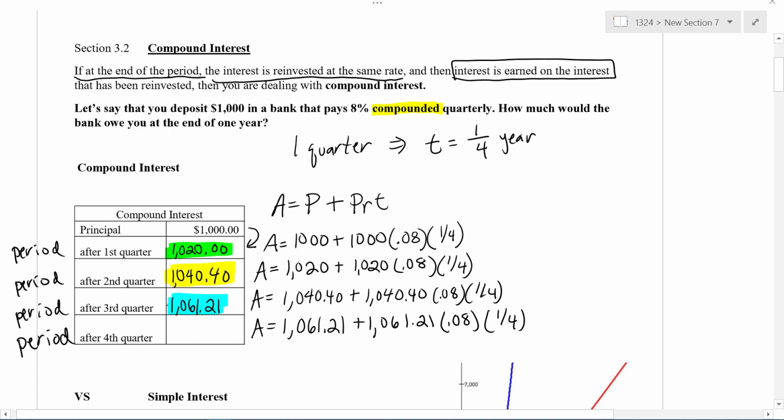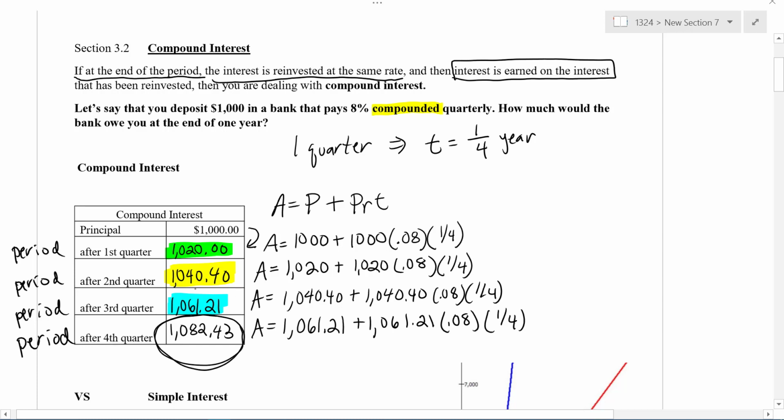We put all of that into our calculator, and I get about $1,082.43. So at the end of that first year, after those 4 compounding periods, or 4 quarters, this is the amount of money that will be sitting in the bank.